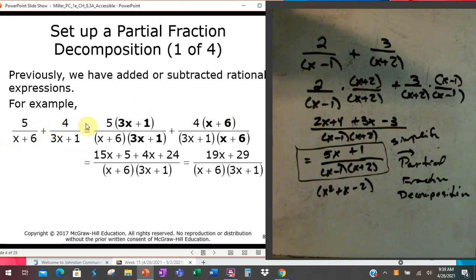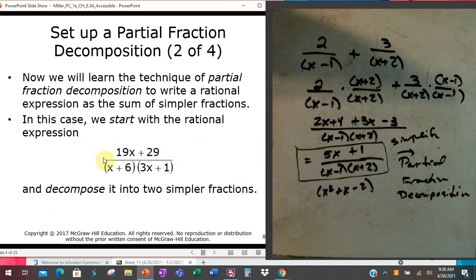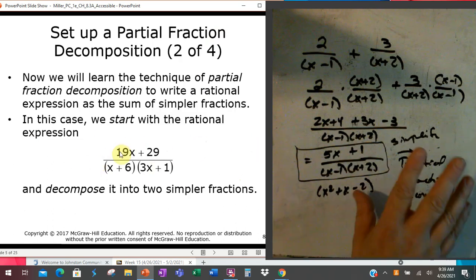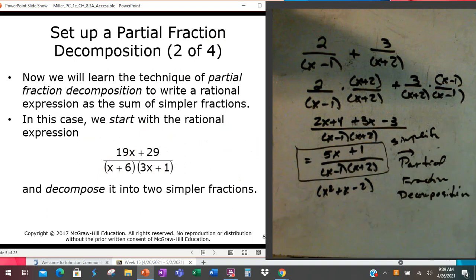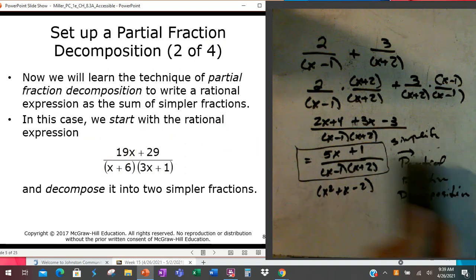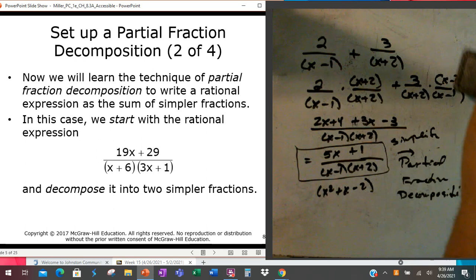If we went through these, we would work backwards. This is exactly what I did over here, just with different examples. We've done this before: combine them, and they ended up with 19x plus 29. Now they started with this, so I'm going to go through here. Here's another example, and then I'm going to use that one as well.